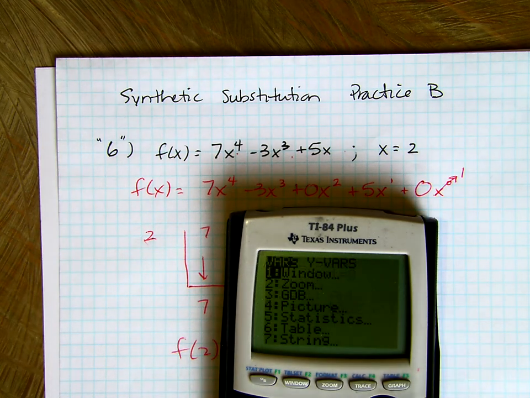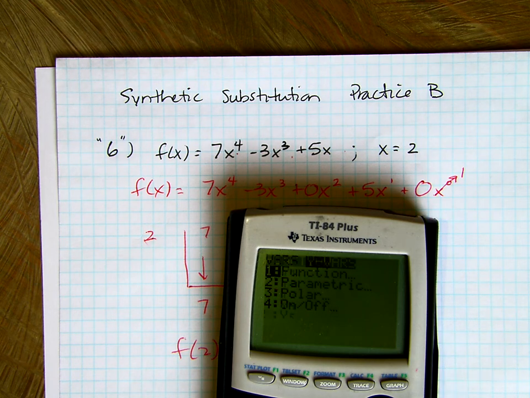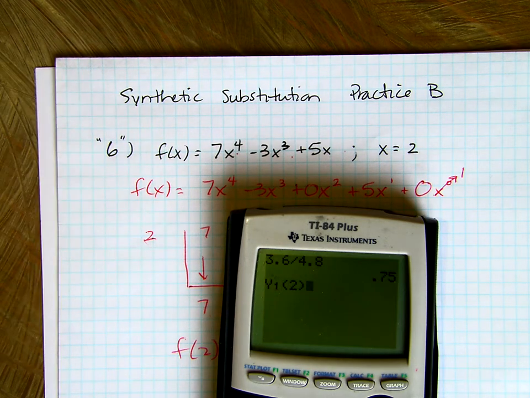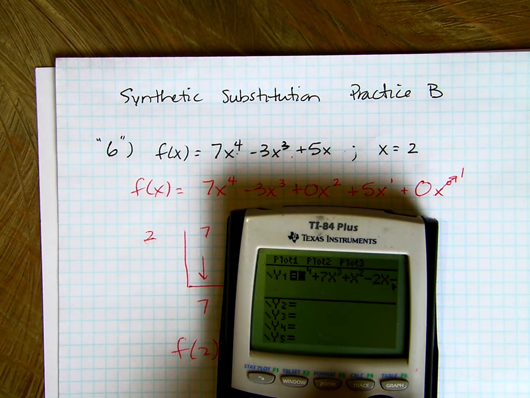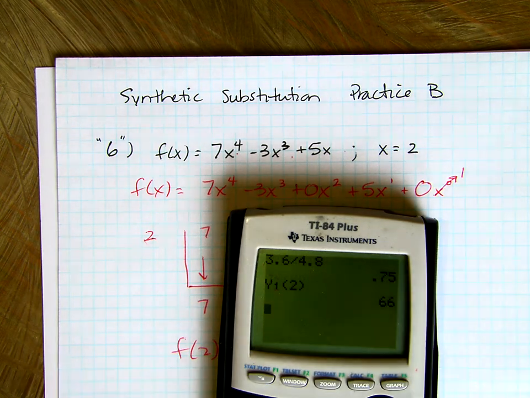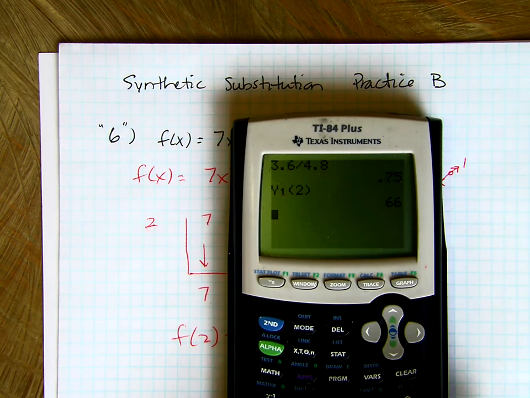If you go to vars, and you go to y vars, and I say function, I can say, here's my y1, tell me what happens when I plug in 2. Now keep in mind I don't have that function plugged in, but if I go back to my y1, it's telling me that that function has a value of 66. So you can either use table or you can use vars.